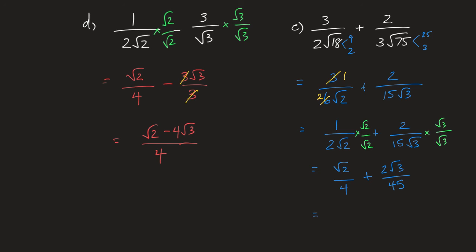Okay, now I got to get my common denominator. Well, my common denominator is going to be 4 times 45. That's 180. That means I now have to multiply my first top by 45 and multiply my second top by 4.